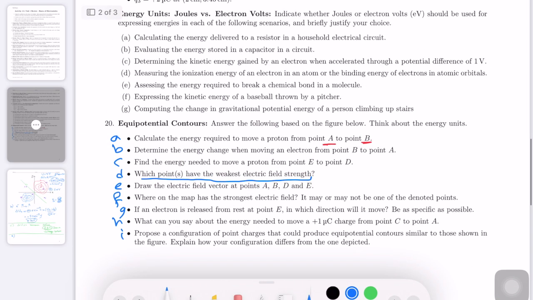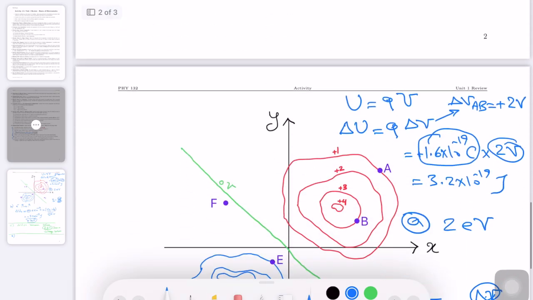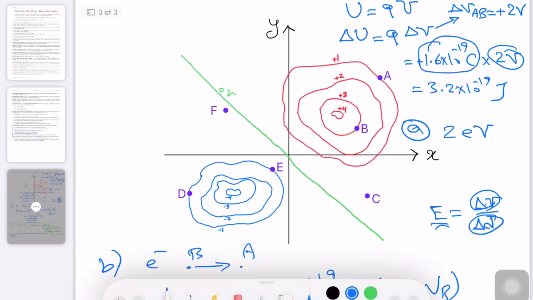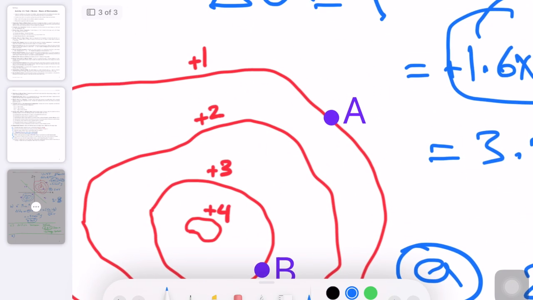Okay, now we're doing part E. Draw the electric field vector at points A, B, D, and E. Now, the electric field is perpendicular to the contour, and it points from higher potential to lower potential. Now, if you focus on A, if I want to draw this, I'll use yellow.